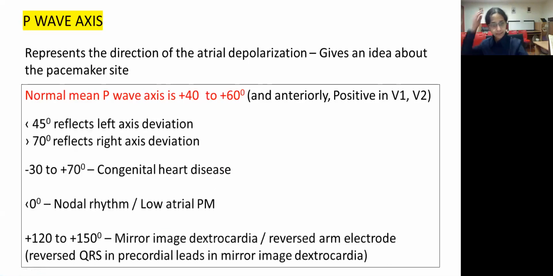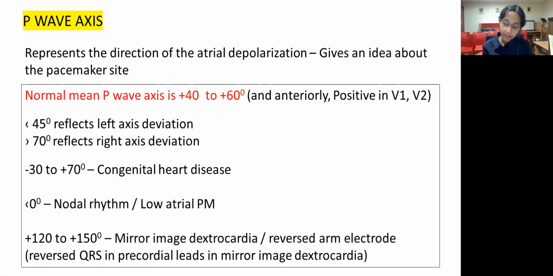Now there are certain congenital heart diseases where your P wave axis changes. If it's left axis deviation, it is usually less than 40 degrees. And if it's right axis deviation, it's more than 70 degrees. What if my P wave axis is less than 0 degrees?